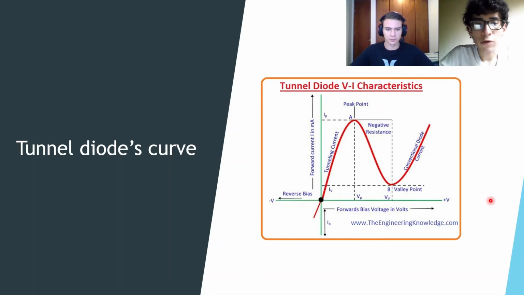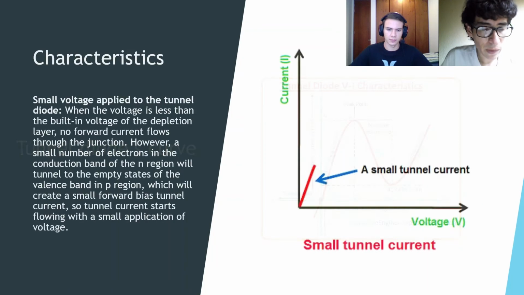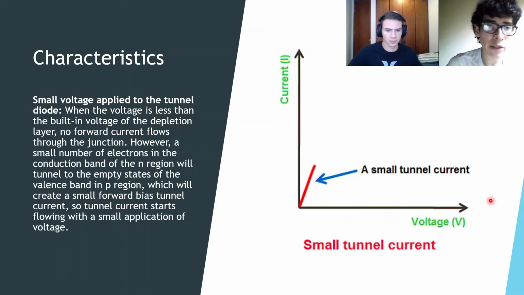Tunnel diode curve. On the right side is the image of the tunnel diode curve. Characteristics: a small voltage applied to a tunnel diode. When the voltage is less than the barrier voltage of the depletion layer, no forward current flows through the junction.